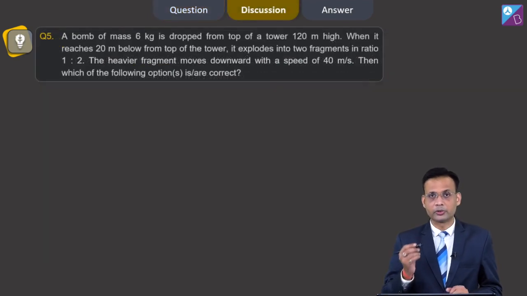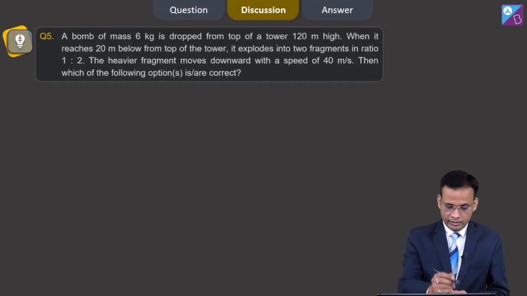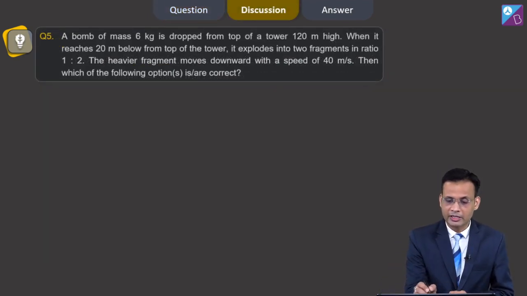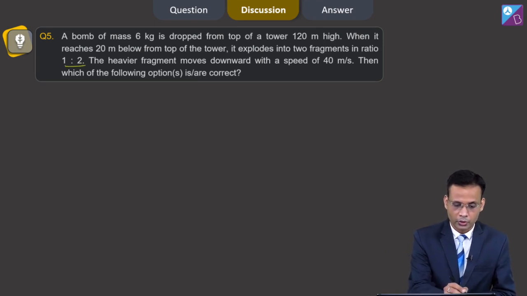So, students, let us find the masses which are in ratio 1:2. It is given that m1 by m2 is equal to 1 by 2, and the total mass m1 plus m2 is equal to 6 kg.